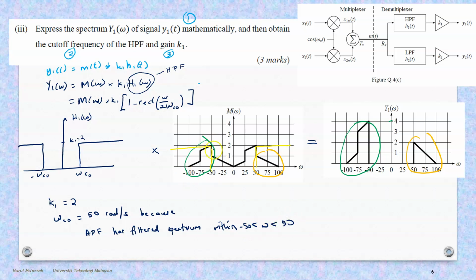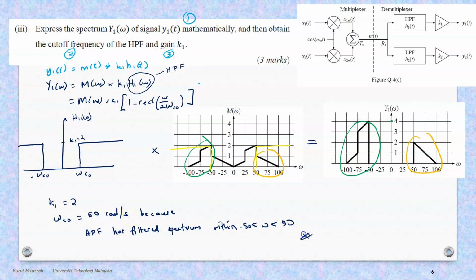So only the one that I have circled here is retained, and all other parts in the middle here are removed. So that is why omega C naught here is 50 radian per second.